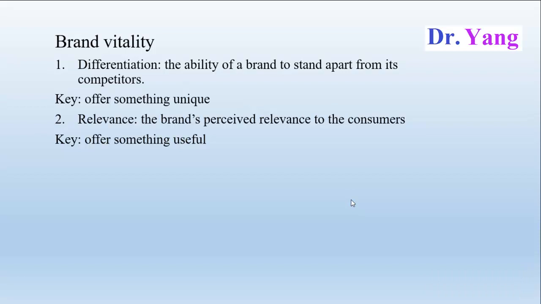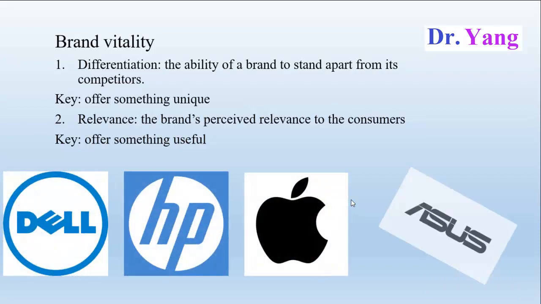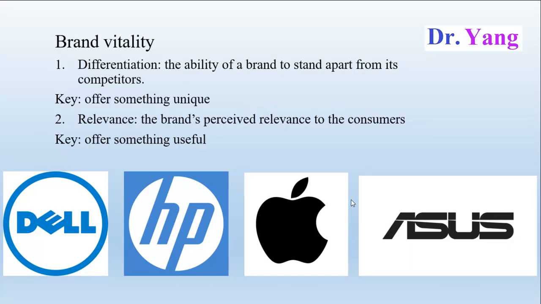So I will give you an example. I picked the following 4 different computer brands. They all offer some kind of computer: Dell, HP, Apple, and Asus. In terms of relevance, they are very similar because they all offer some kind of computer product.